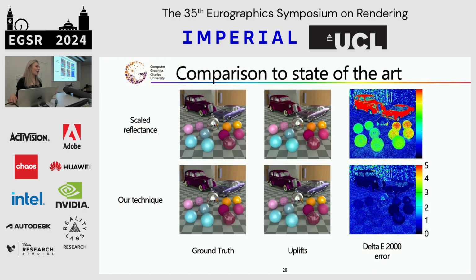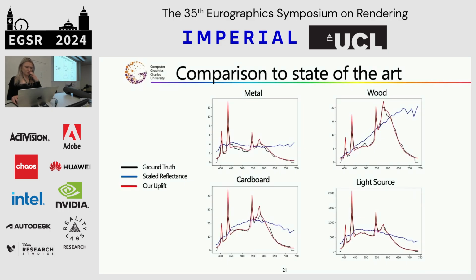Unfortunately, we do not have many tests of this sort, and this is simply because obtaining environment maps in this manner is extremely tedious, so obtaining these spectral environment maps with the renders. And also, we did not have access to hyperspectral cameras, so spectral captures of environment maps. However, on this next slide, I'm showing a comparison of actual uplifts of some of these pixels of the environment map, where we compare, once again, the ground truth to our uplift and scaled reflectance.